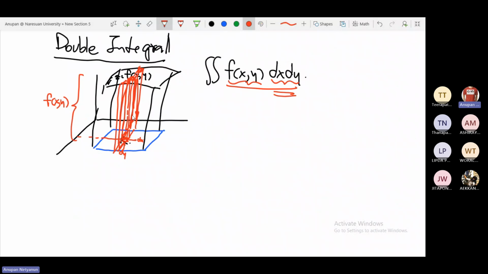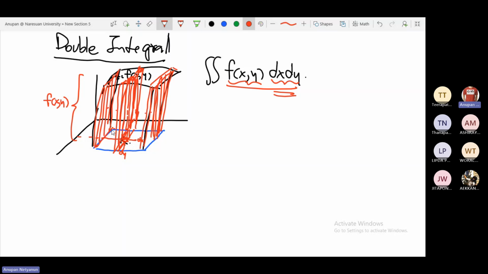Now, if y runs from here to here, you add all the rows of poles together, so you get the solid object, or the volume underneath.